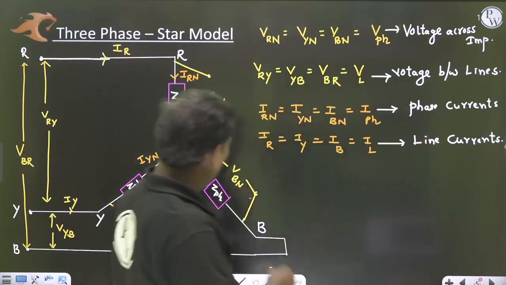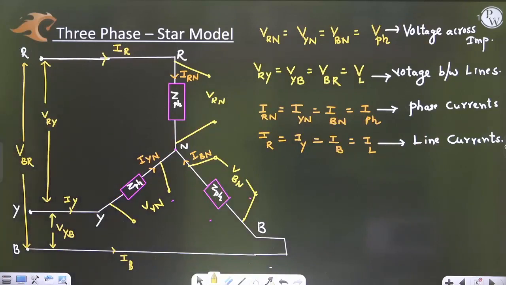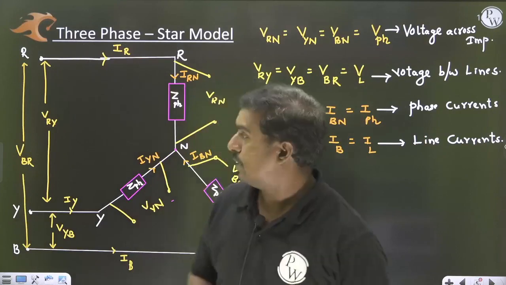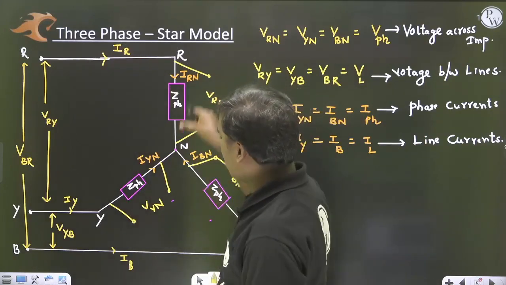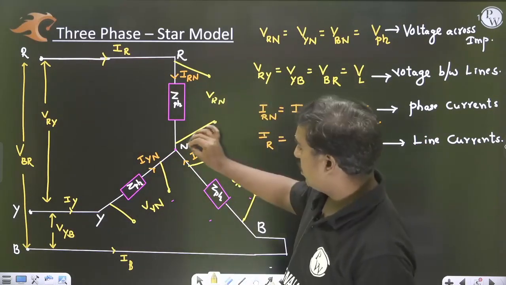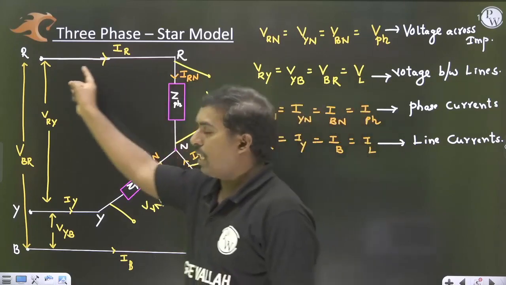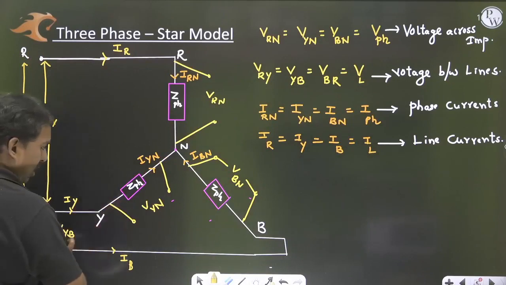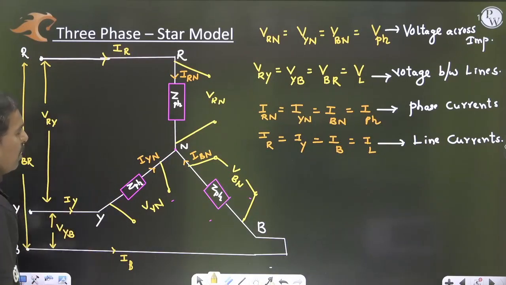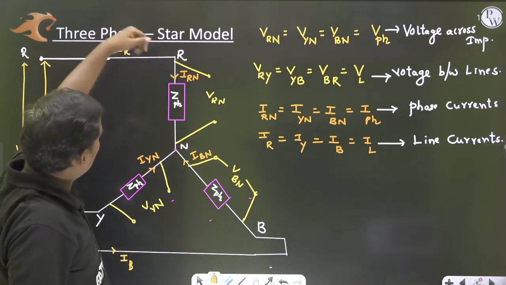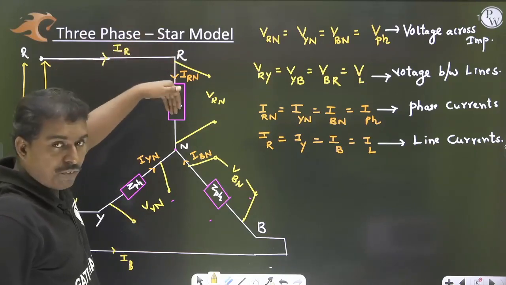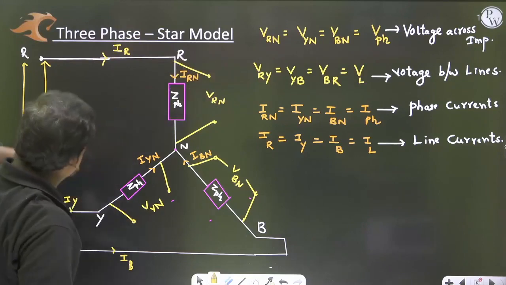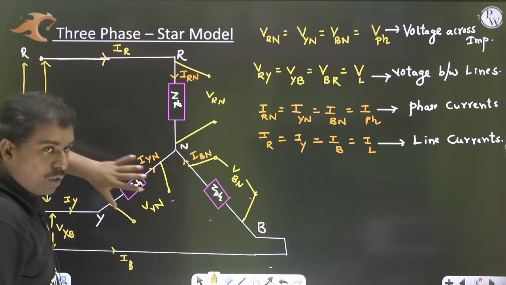Now, the most famous models in three-phase power transmission are the star model and delta model. In the star model, the three loads are connected in a star. Exactly at the center there is a neutral, and we have the lines. This is the current passing through the line: IR, IY, IB are the line currents, and the currents entering the phases are the phase currents. The voltage across the impedance is the phase voltage, and the voltage between the lines is the line voltage.